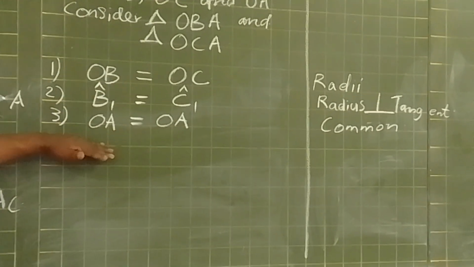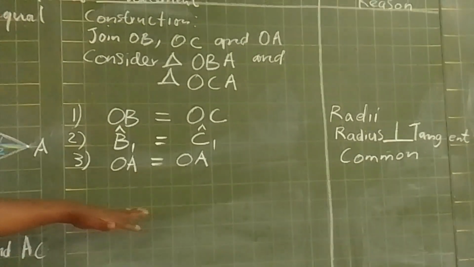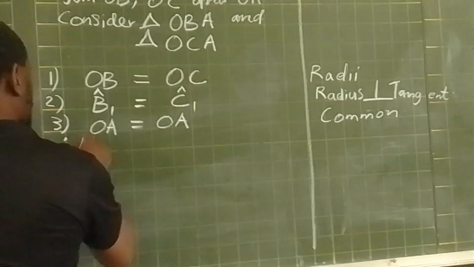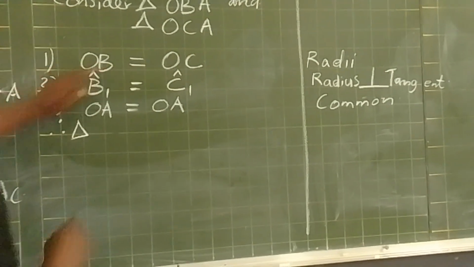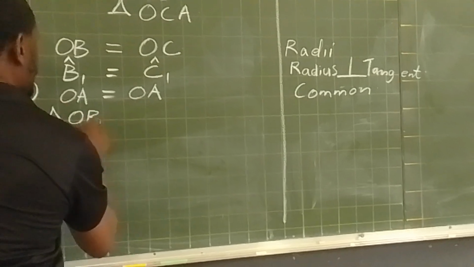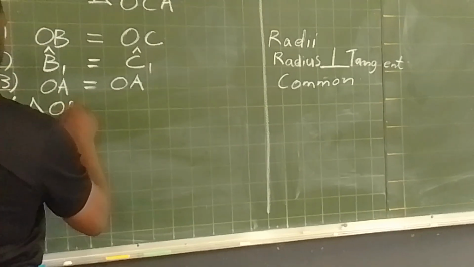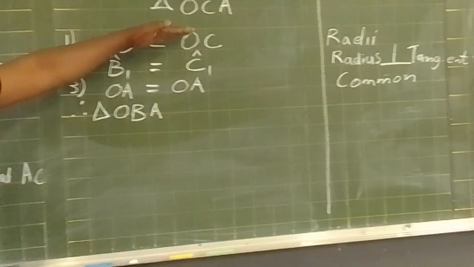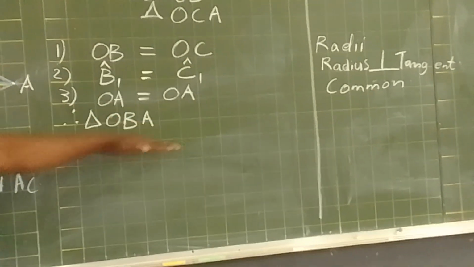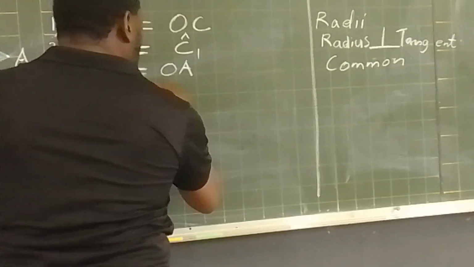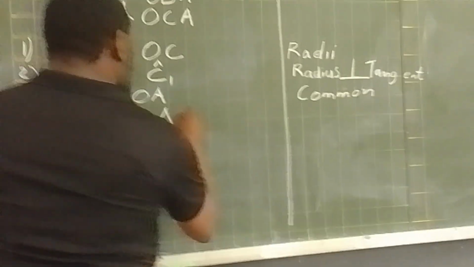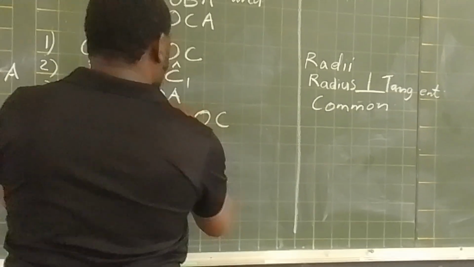When you get here, you know that therefore triangle OBA, now we arrange it according to our proof, is congruent to triangle OCA.